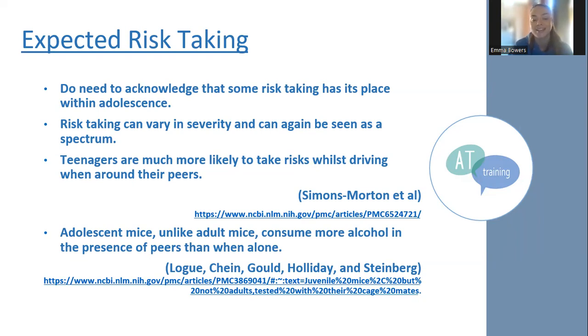There are some really nice studies here, which again I've popped the link in. Teenagers are much more likely to take risks with their driving if they're around peers. And adolescent mice, unlike adult mice, consume more alcohol in the presence of peers than when alone. That behaviour is not seen in the adult mice at all. It's just the juvenile mice.